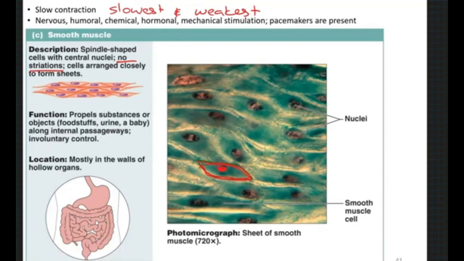The entire stomach, the entire intestine, absolutely, 100%. Anything else? Respiratory system, yes. Starting in smaller bronchi, because you don't want the trachea to suddenly constrict and suffocate you. So smaller bronchi, yes.